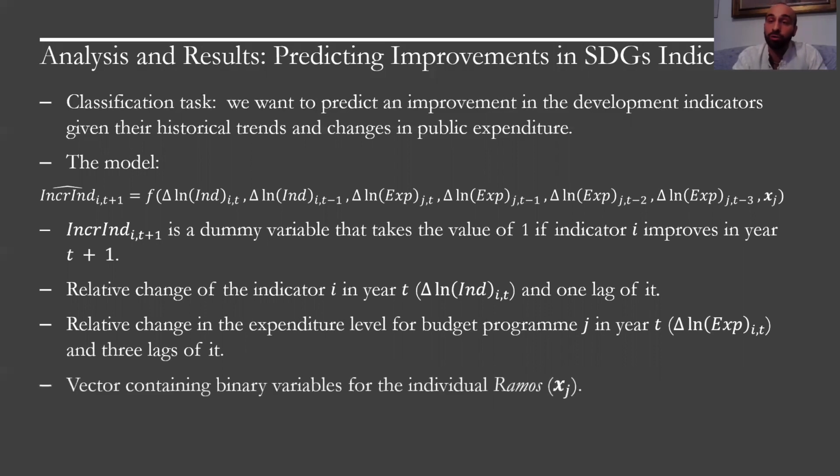And we also include a vector containing dummy variables for all the ramos. And we are going to use these variables here in the next step to identify those macro categories of expenditure that are the most relevant to our predictive model.